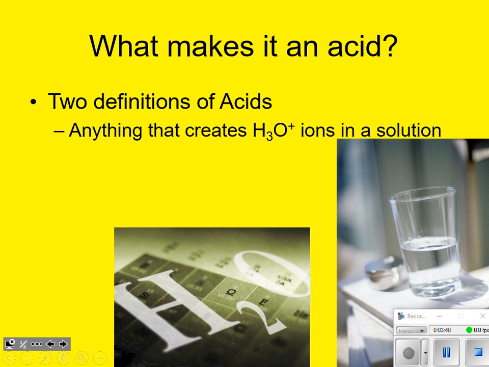The original definition of an acid, brought to you by someone named Arrhenius, is when you put an acid in water, so in a solution, it creates what's called the H3O+ ion. That H3O+ ion on that first dash is referred to as the hydronium ion. So that's a bit of vocabulary that you should be familiar with. Hydronium is H3O+.